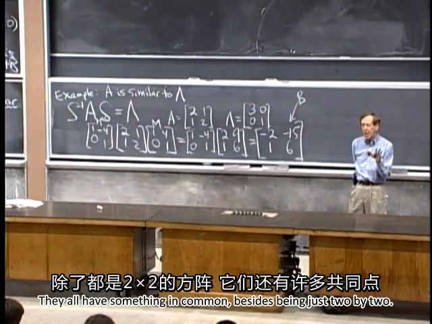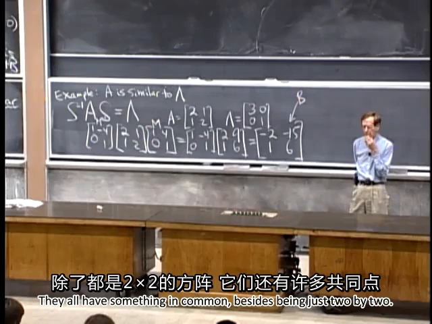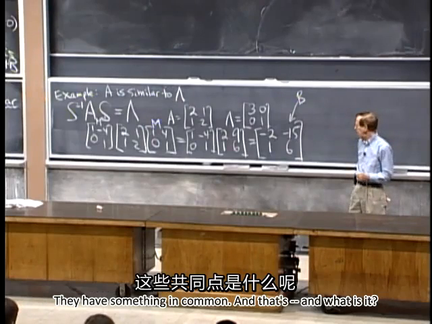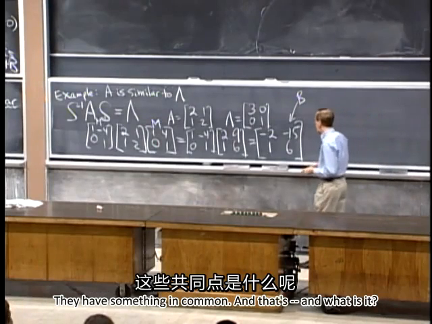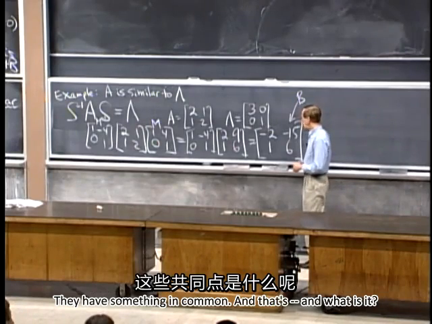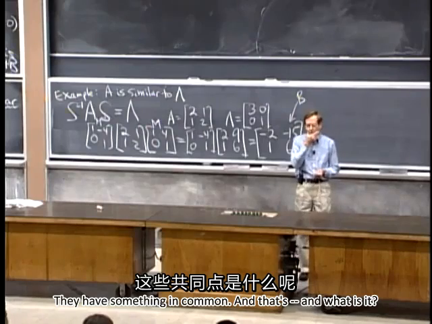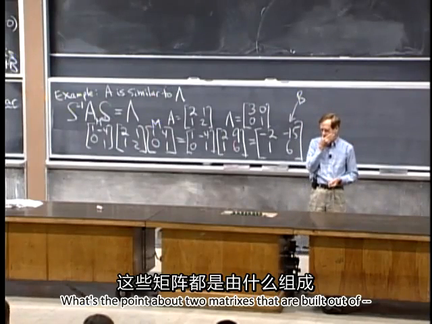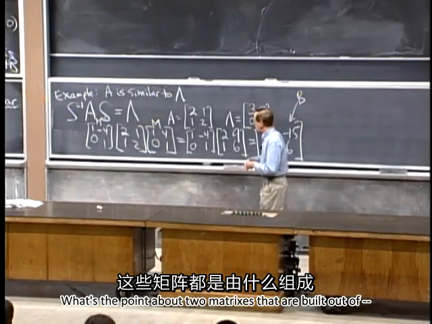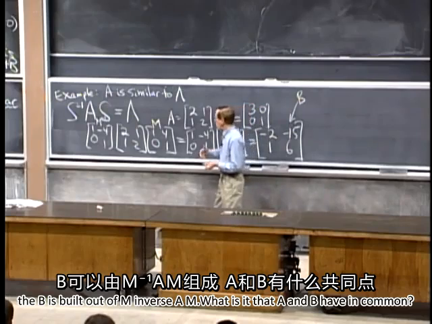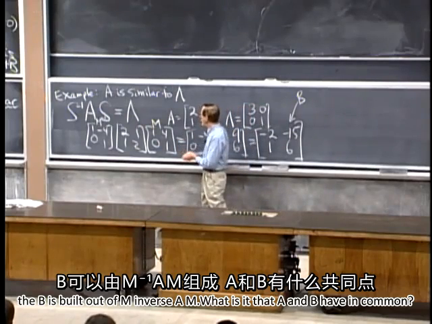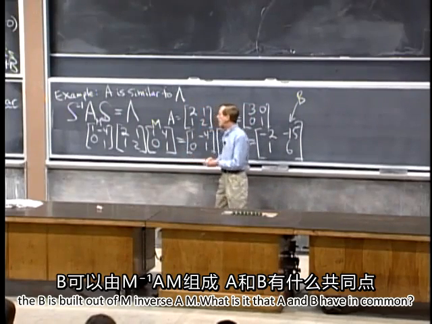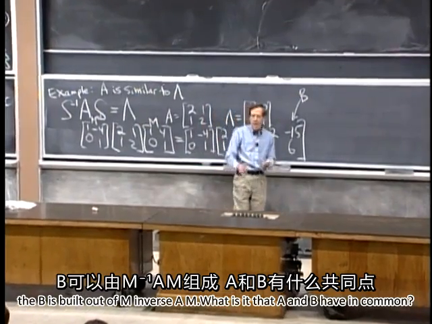They all have something in common, besides being just 2 by 2. What is it that A and B, where B is built out of M inverse AM, have in common?